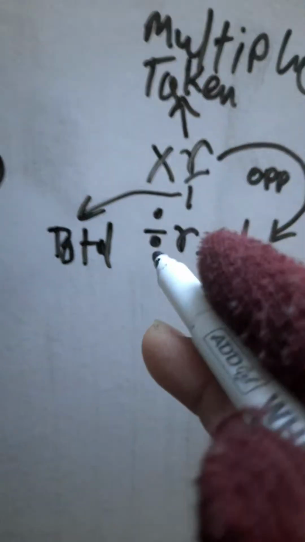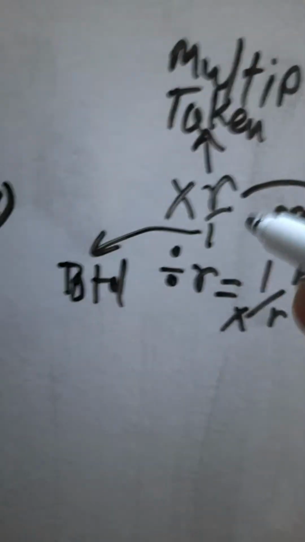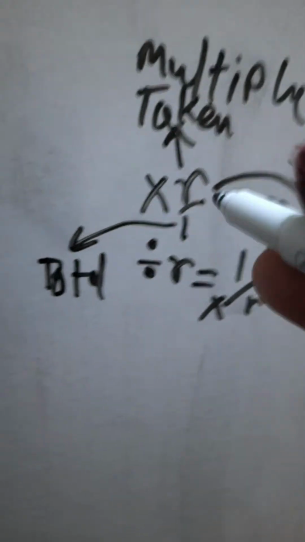Okay, so this is multiplication, this is division, and we want that division in multiplication form. Division is the opposite of multiplication, so to balance that opposite, we just reverse the fraction here.